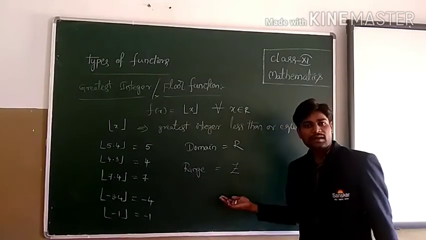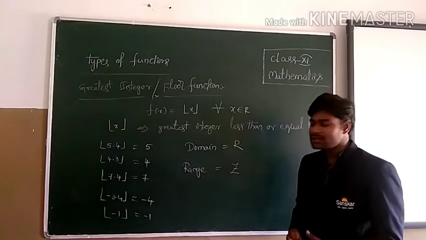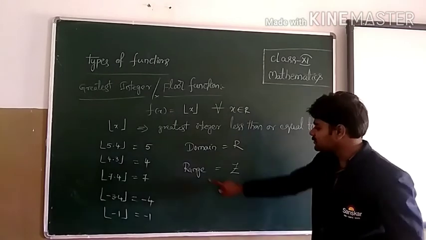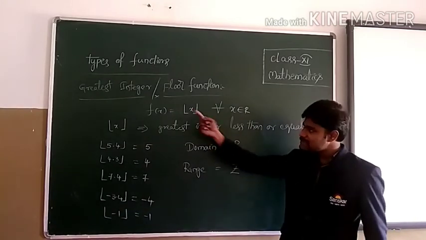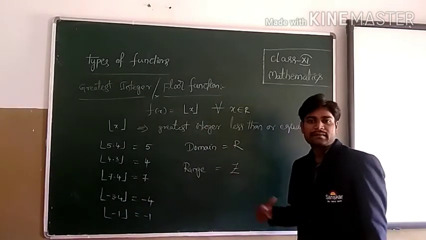Z contains positive values, negative values along with 0. That's why the range of the greatest integer function is Z.